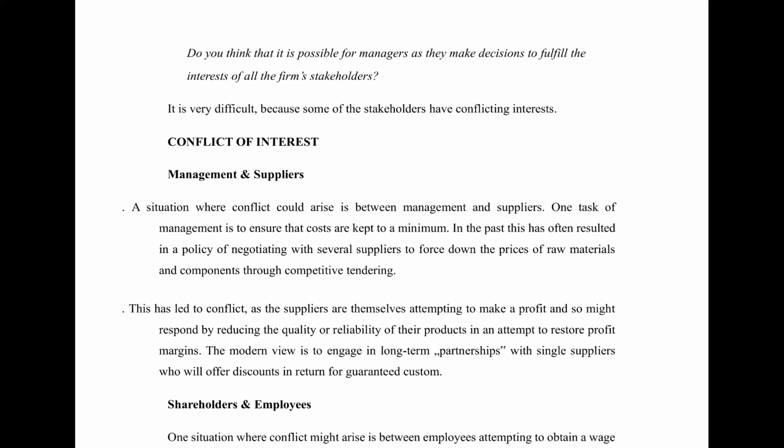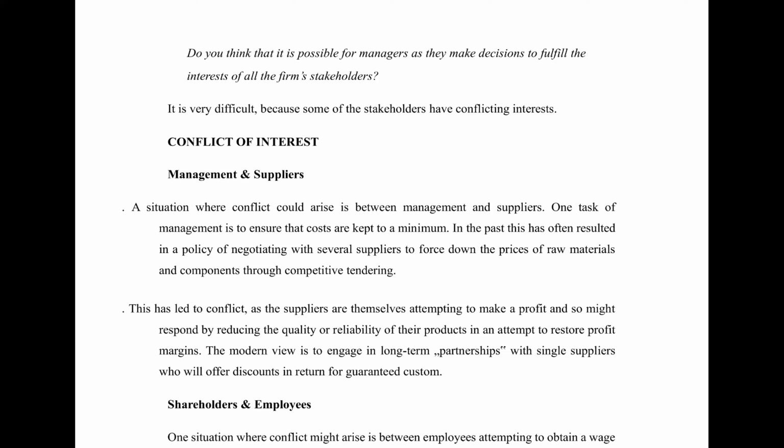Usually this has led to conflict, as the suppliers themselves are attempting to make profit as well. So they might respond by reducing the quality or the reliability of their products in an attempt to restore profit margins.